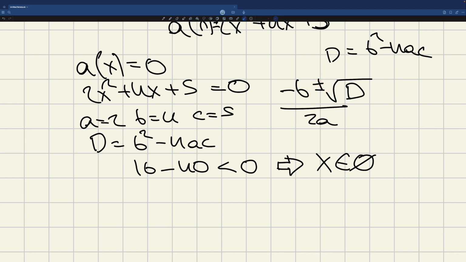If the discriminant is equal to 0, then this is equal to 0, then you get only one answer. Because, well, the square root of 0 is 0. 0 cannot be positive or negative. 0 is just 0. Now, if this is smaller than 0, then you get a negative number over here. And can you take a square root of a negative number? In GCSE? No, you can't. So there is no solution. So x belongs to empty set. Okay.